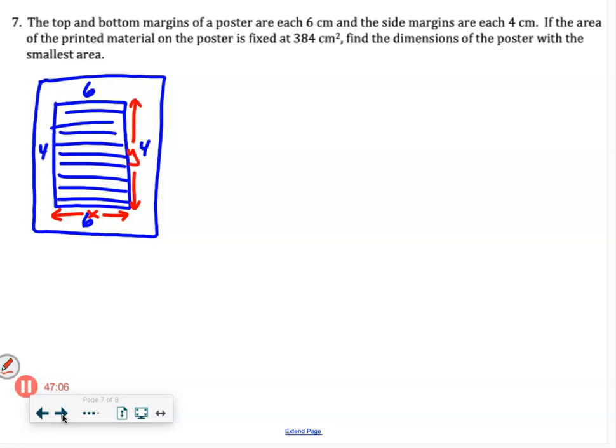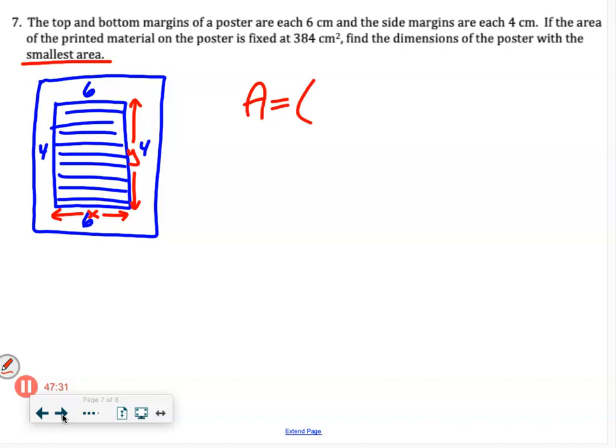All right, so we are trying to find the dimensions of the poster with the smallest area. Is it really smallest area, not the biggest area? All right, smallest area. Remember, the first thing you always write with an optimization question is an equation for what you're trying to optimize. We're trying to optimize the area of the whole poster.